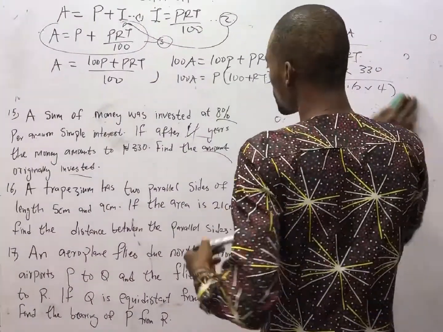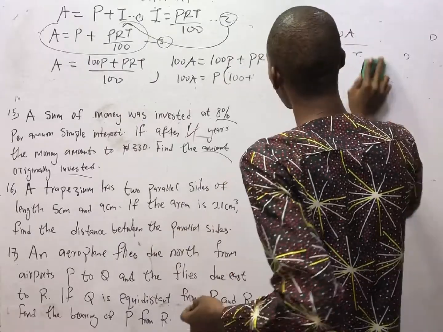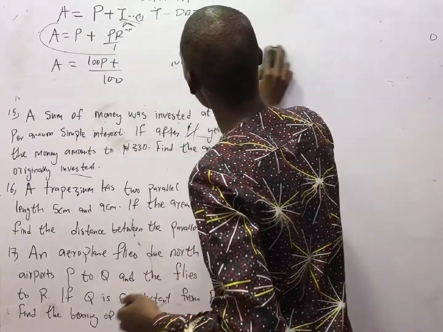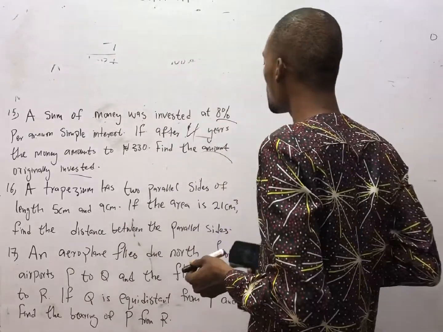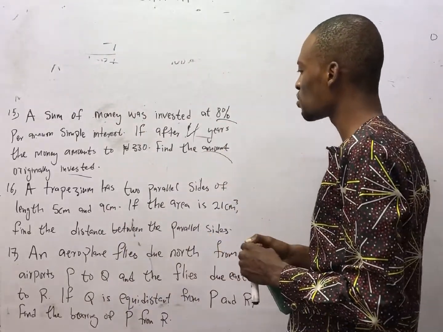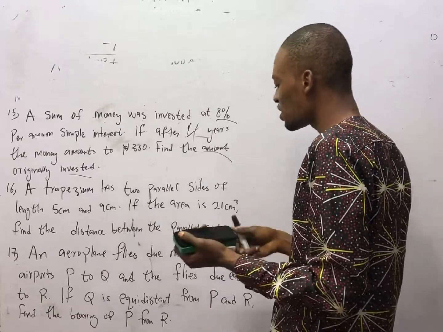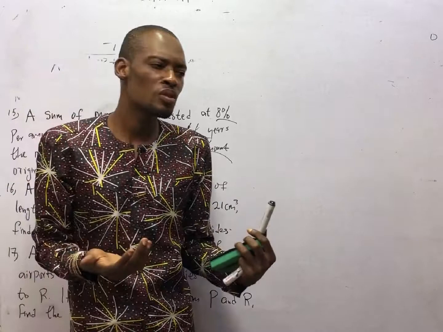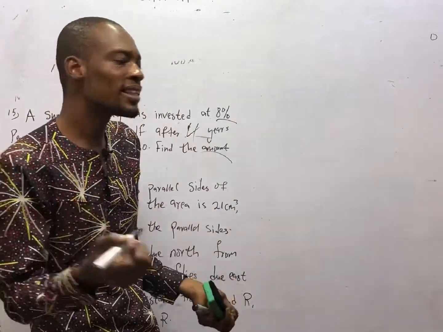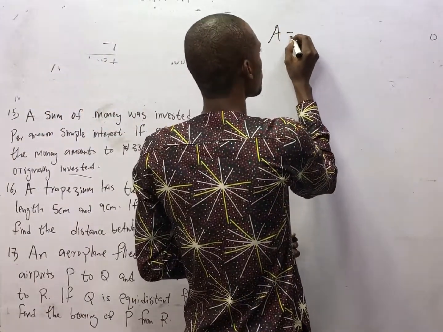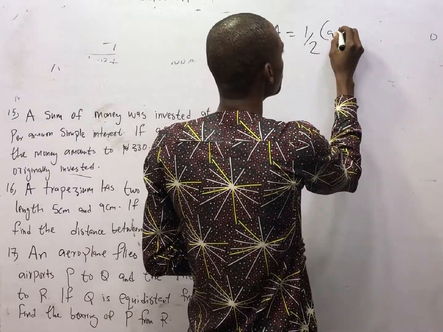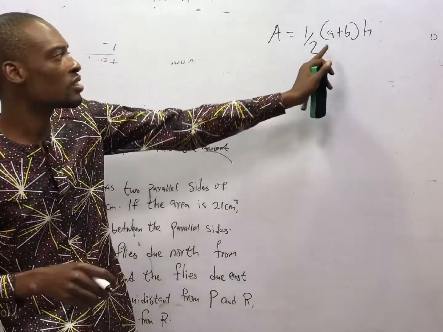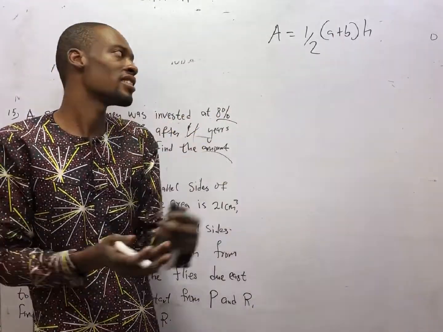It says a trapezium has two parallel sides of length 5 cm and 9 cm. If the area is 21 centimeter square, find the distance between the parallel sides. Let's assume you don't understand the question, but you know that the area of a trapezium is equals half a plus b times h, which is half times the sum of the parallel sides.